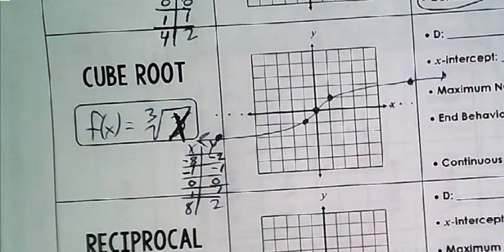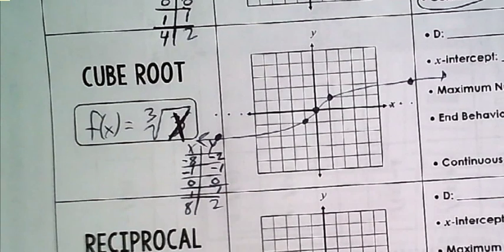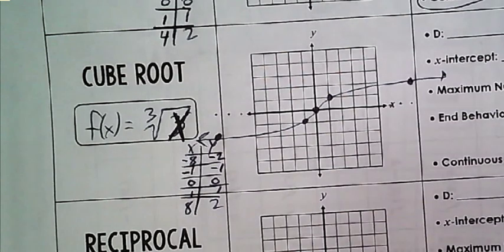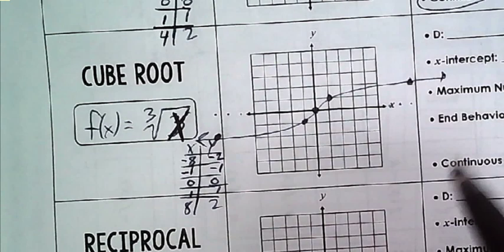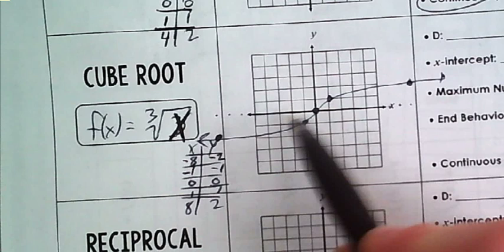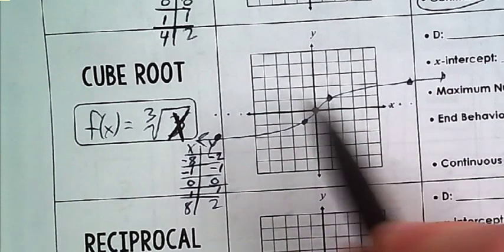Now, when we talk about how many maximum x-intercepts there are, or the maximum number of roots or zeros, there's only going to be one of those. Because if I were to kind of do what I did with the cubic function and make it cross 3 times, it wouldn't be crossing the x-axis 3 times, it'd be crossing the y-axis 3 times.